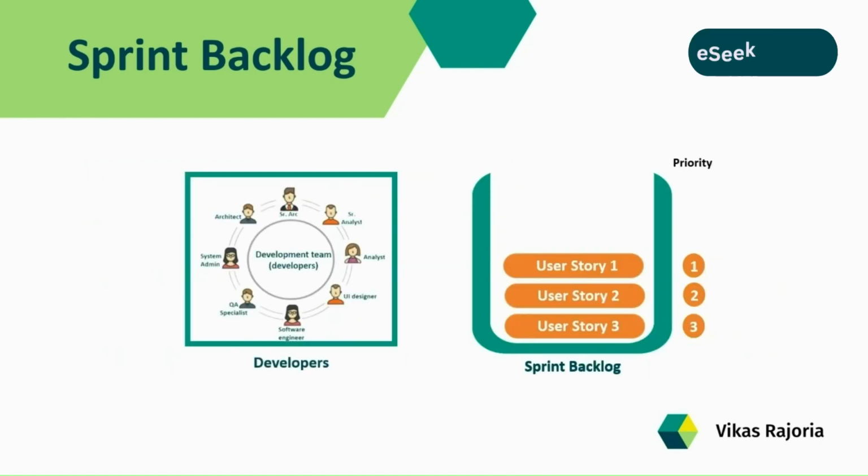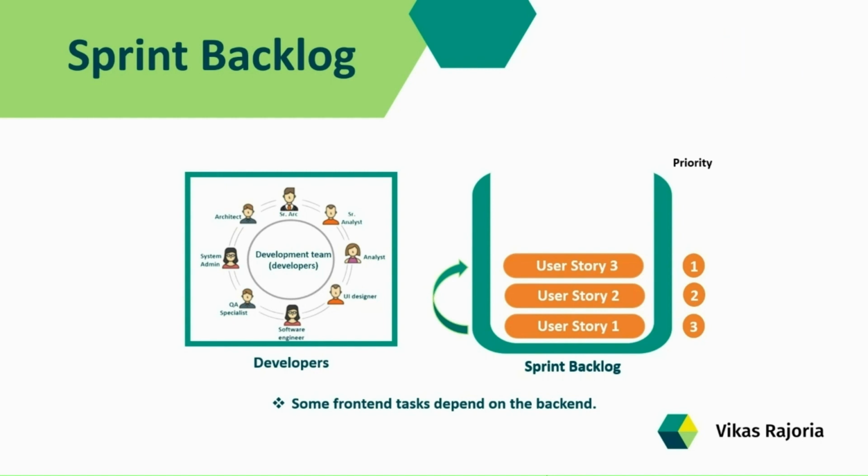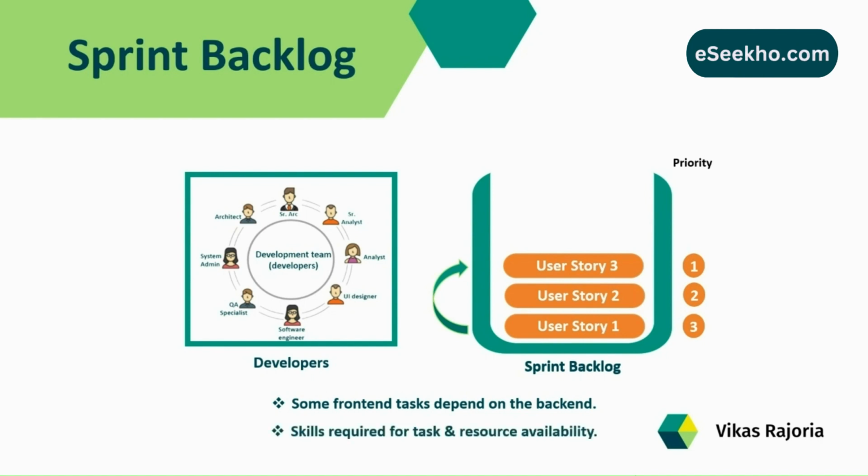However, developers can change the priority and decide what stories need to be done first. This can be done based on several factors. For example, some backend tasks of a feature need to be done first as a UI task depends on them. Apart from this, the sprint backlog can also be prioritized based on the skill set needed for the task and the availability of the resources within the sprint.